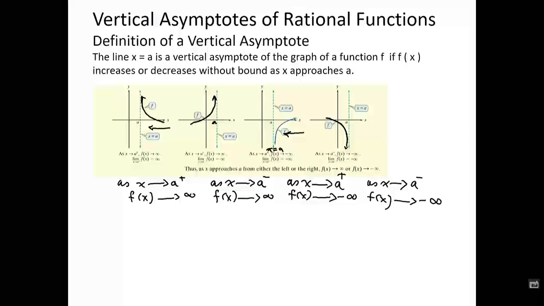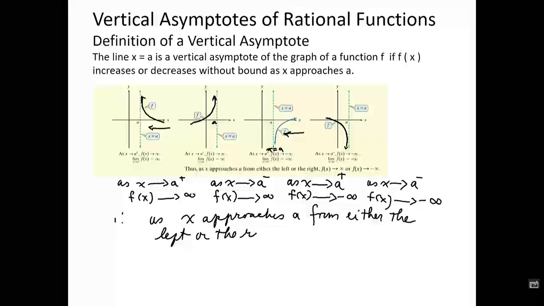What do we conclude here? So therefore, as x approaches a from either the left or the right, f of x approaches positive infinity or f of x approaches negative infinity.